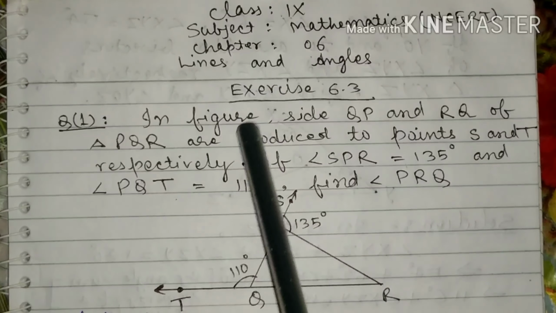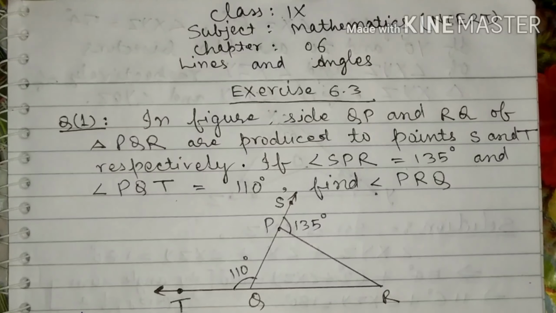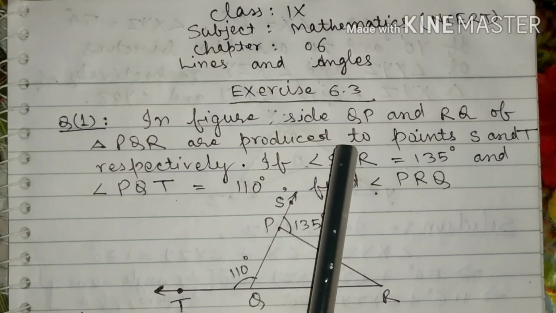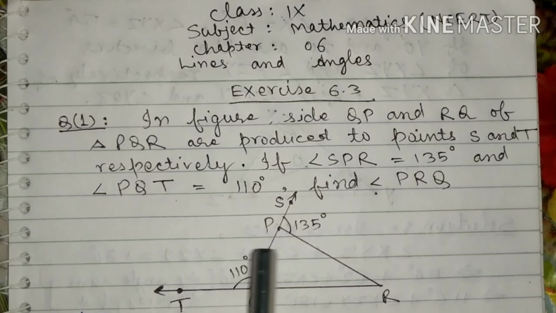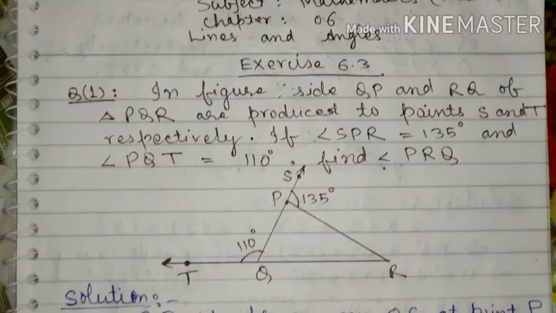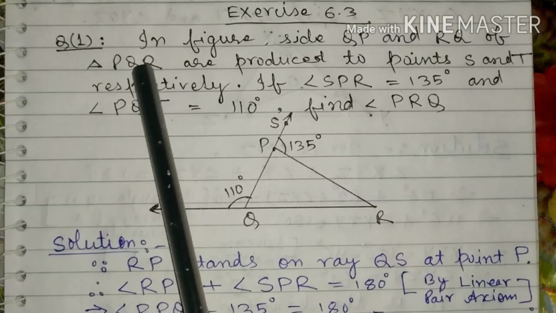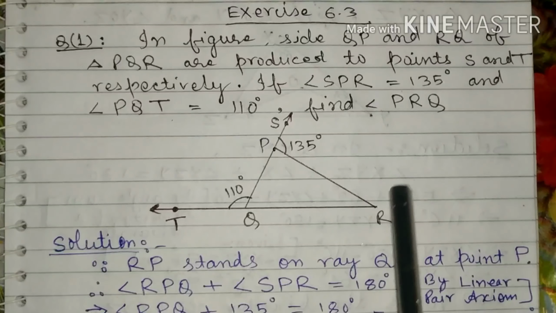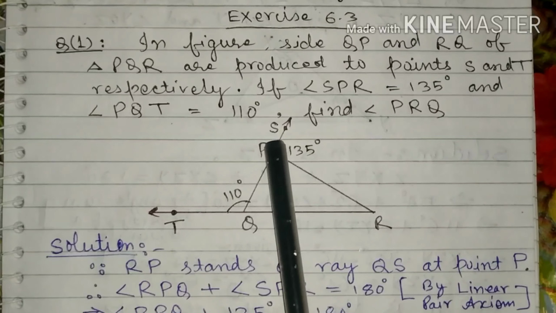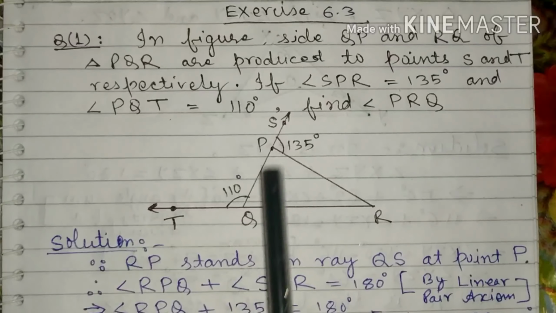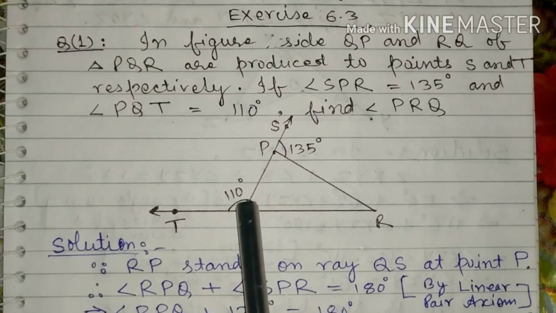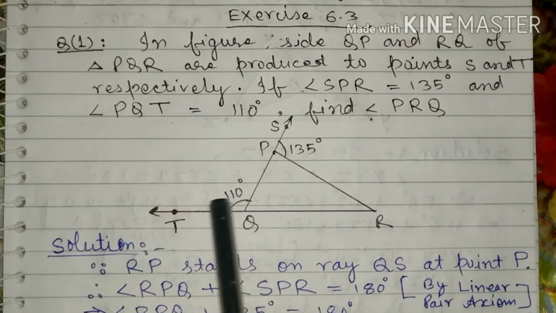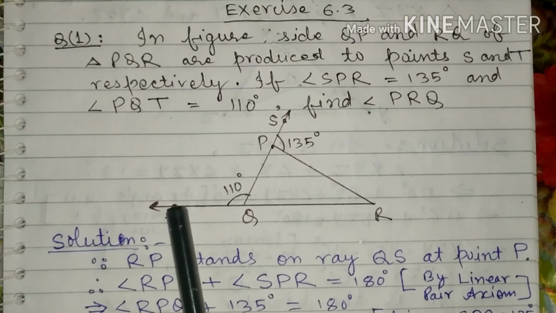My dear students of class 9, today I am going to start from problem number 1 of exercise 6.3 of chapter 6, Lines and Angles. The question is: in the figure, sides QP and RQ of triangle PQR are produced to points S and T respectively.